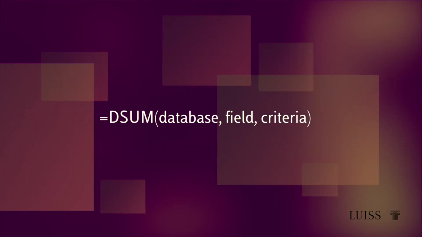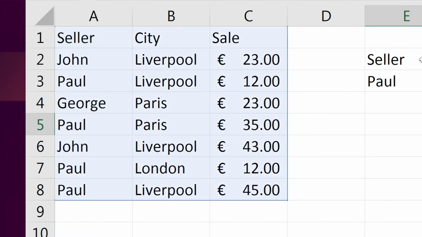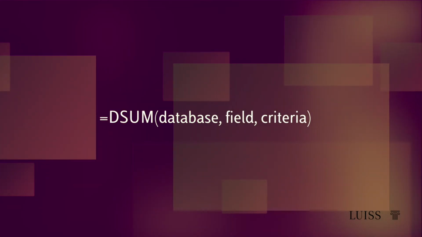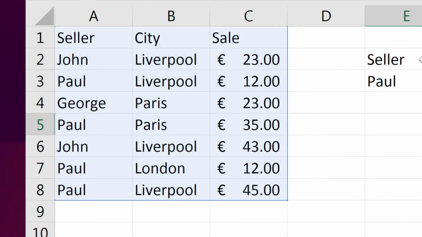By database, we mean the range of cells that constitute the database on which to carry out operations. It is essential that the first cell of each column contains the header, as it is necessary to perform the various filtering operations.